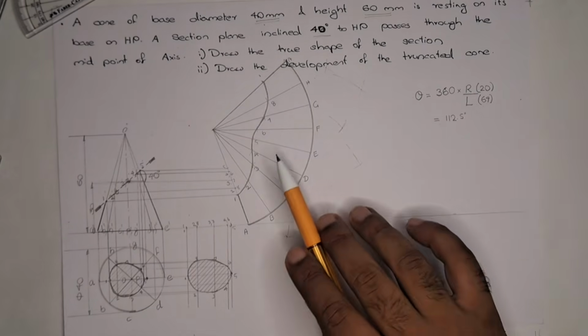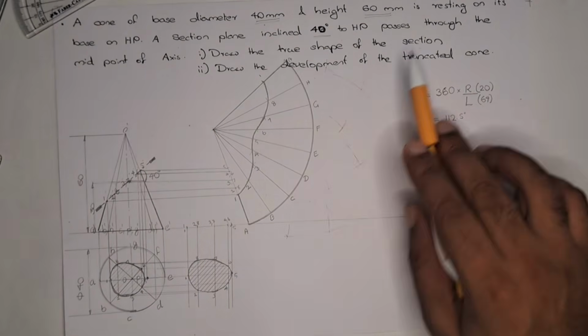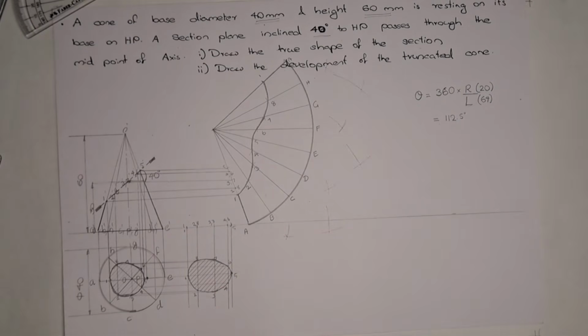So this is the development of this truncated cone, and the true shape of the section is shown here. Thank you.